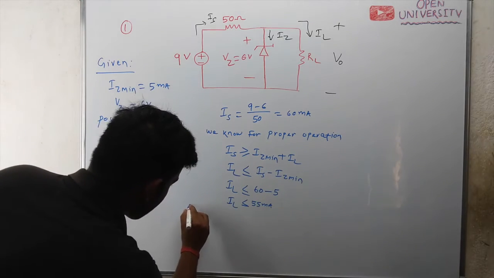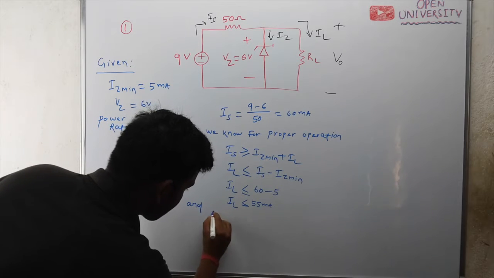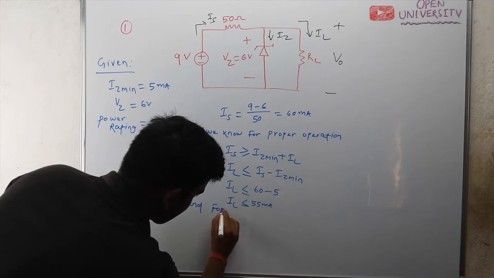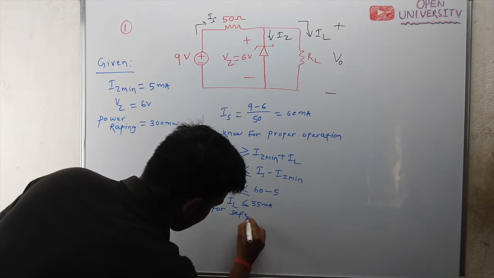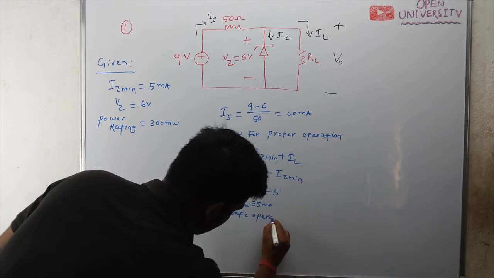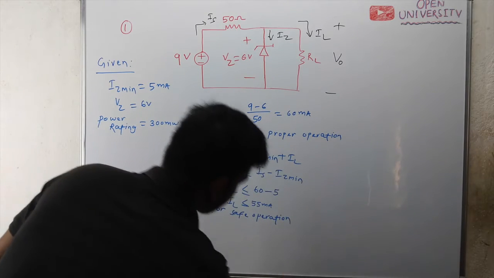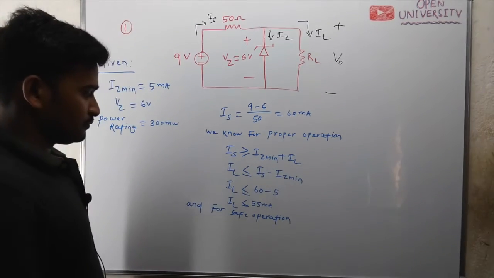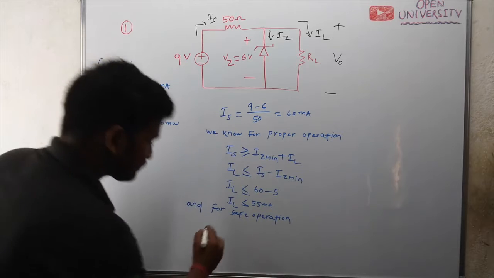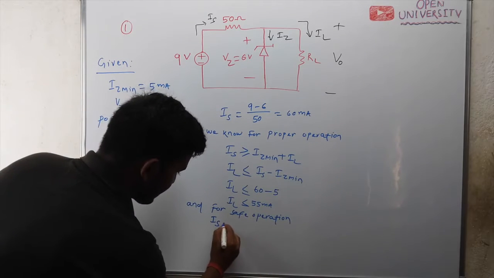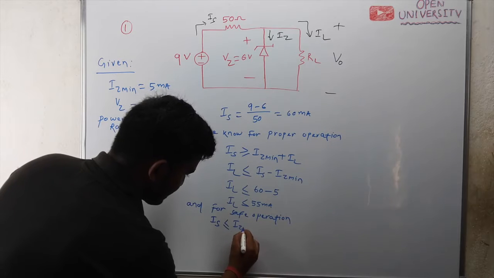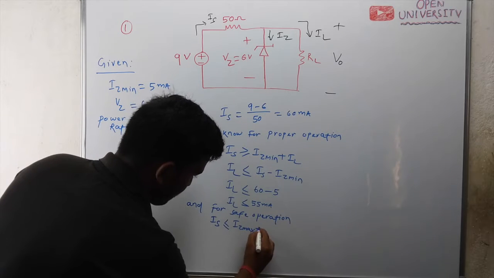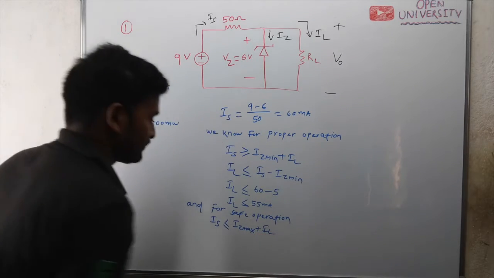And for safe operation, IS has to be less than or equal to IZ max plus IL.